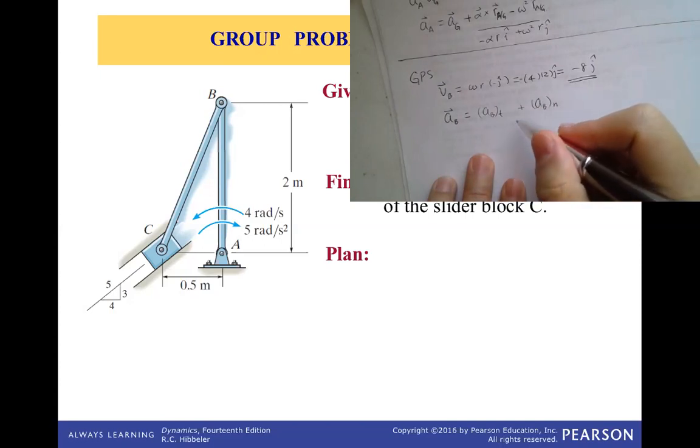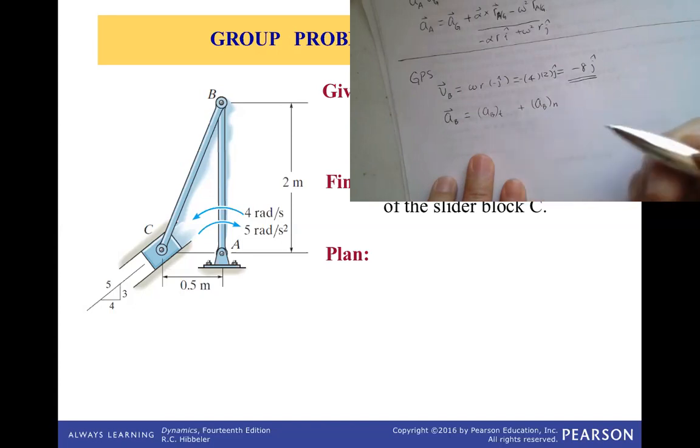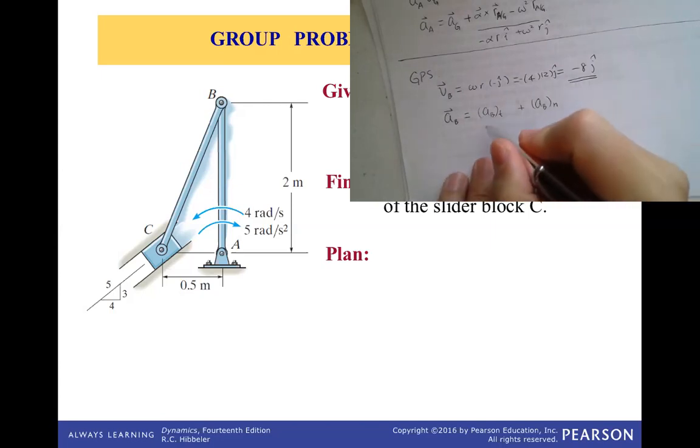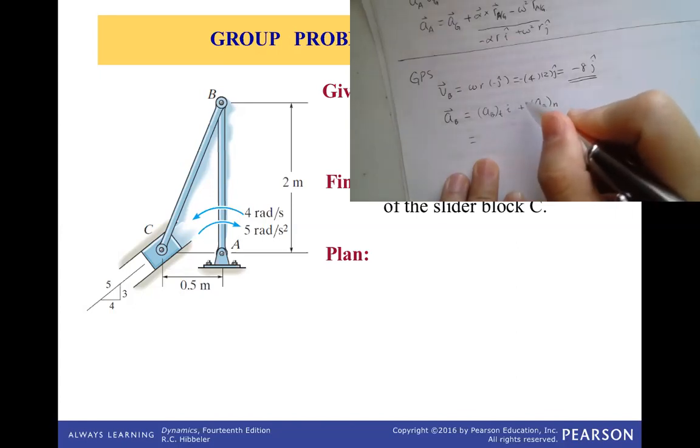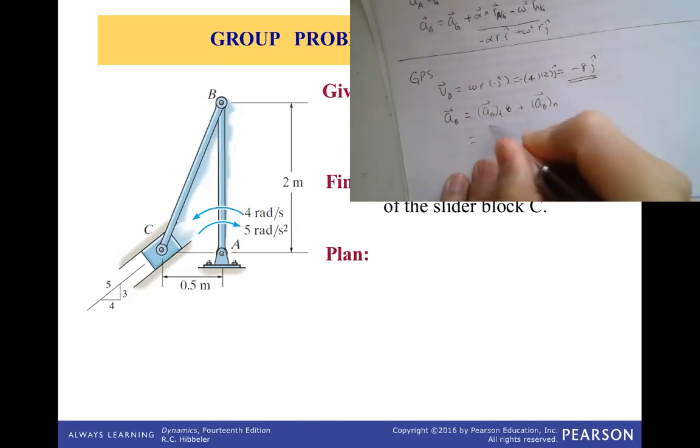We can see the tangential component here is going into the positive direction, so alpha is positive. This is the i direction, and this is the j direction. Let me put the vector there, going that way. So this is alpha i.